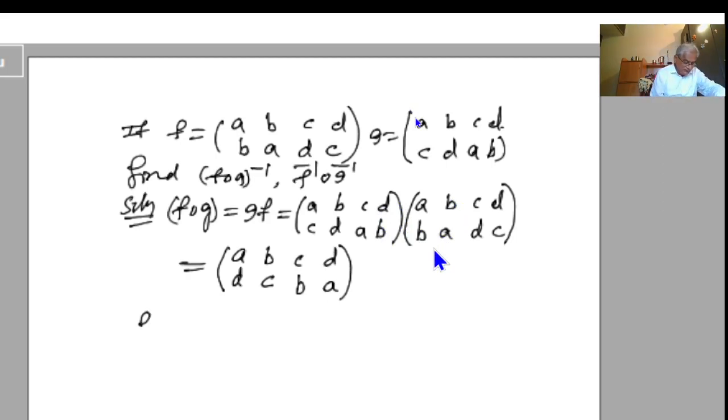Next, to find its inverse, F composition G whole inverse is equal to: first we write the second row elements in the first row, that is, just interchange the rows here.